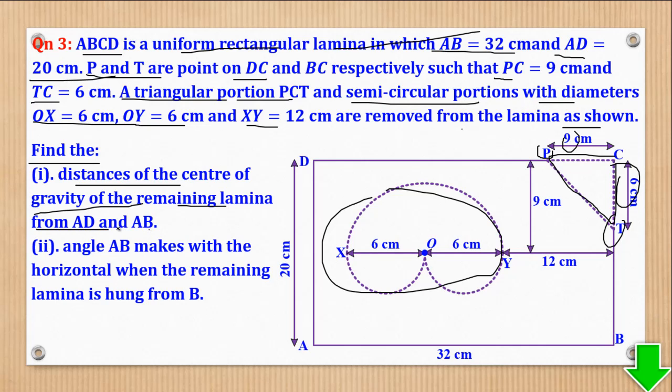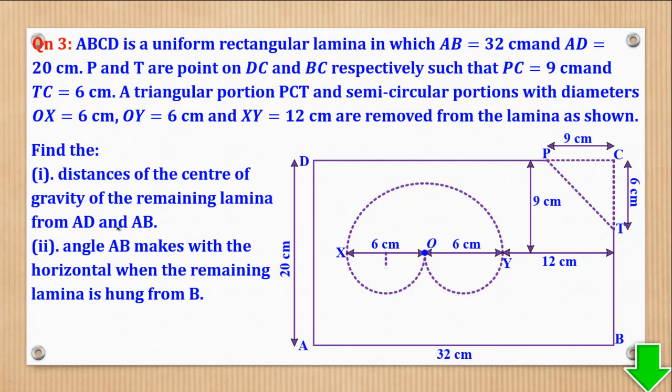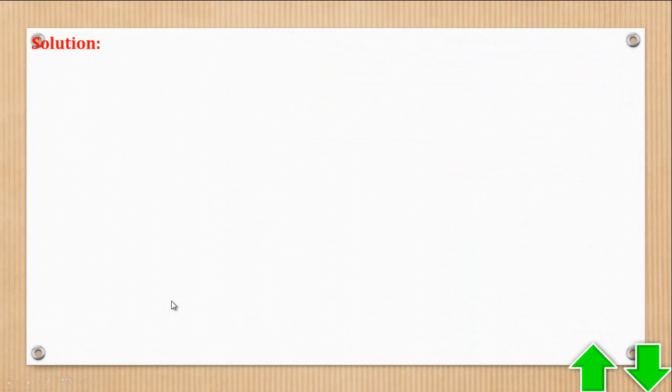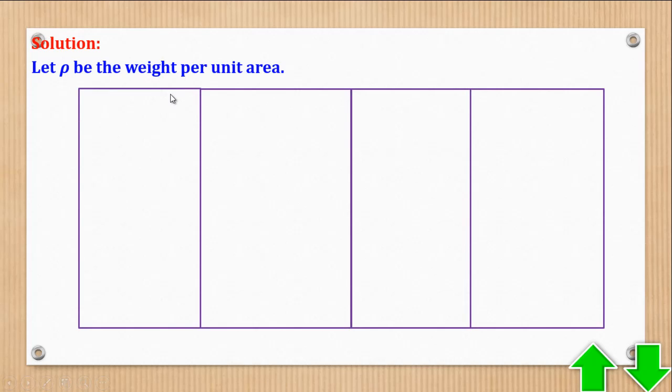So let's start with that. So one, we shall let rho be the weight per unit area. Then we shall tabulate and put columns of figure, weight, x and y coordinates.